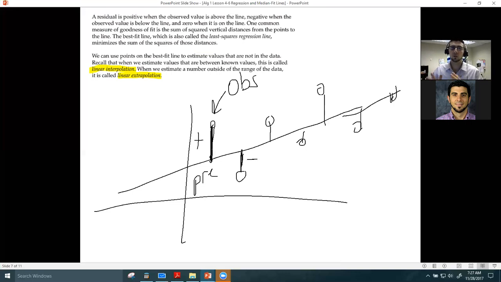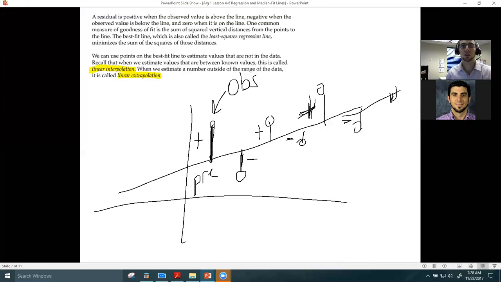The best fit line, which is also called the least squares regression line, minimizes the sum of the squares of those distances. Your calculator does all this in the background. It positions the line just right so that all these distances here, here, here, here are as small as possible. So basically it puts the line right in the middle of all the points precisely.